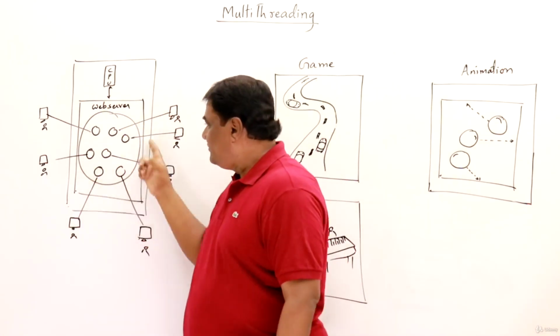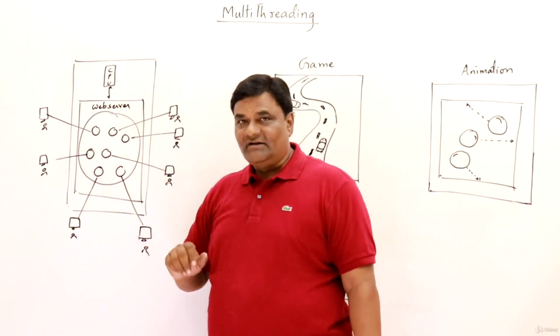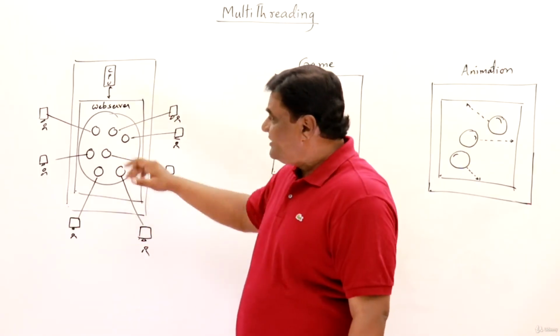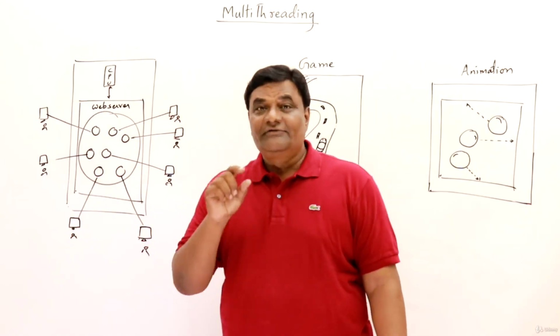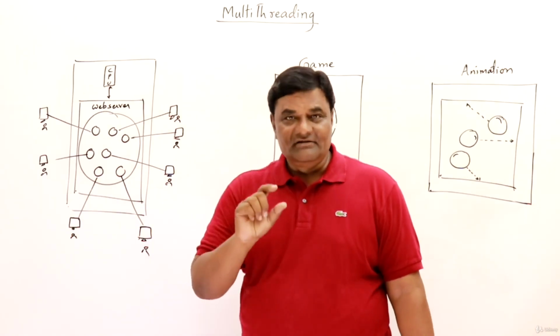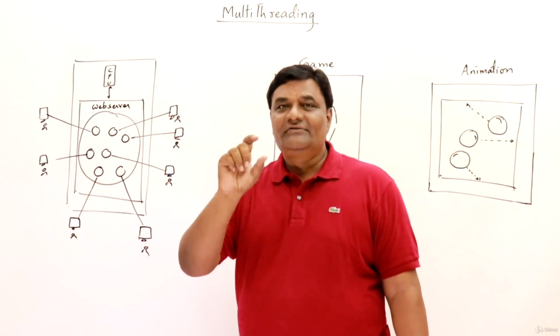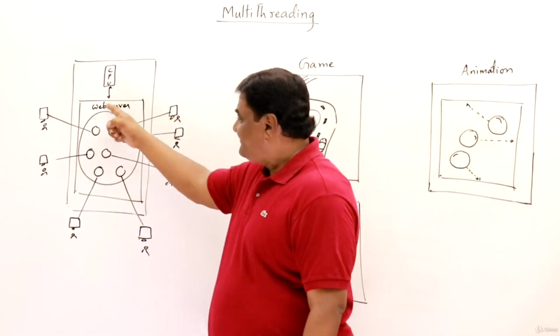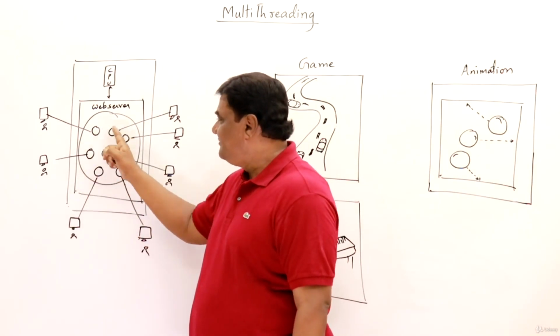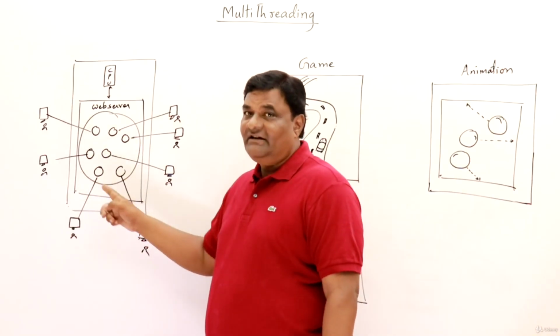I am drawing this round bubble as a web server. Then that web server has to respond to so many users simultaneously. How can it do that? For each user, it will start a thread and cater to the request of that user. So this web server has threads. These bubbles I am showing as threads.